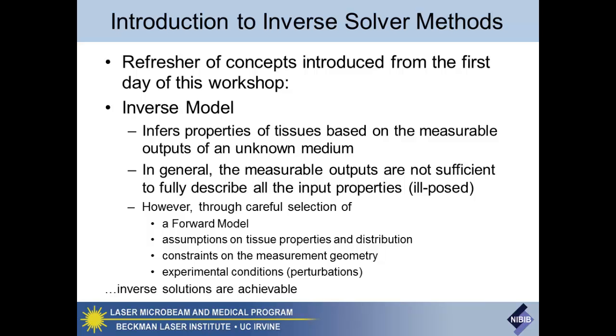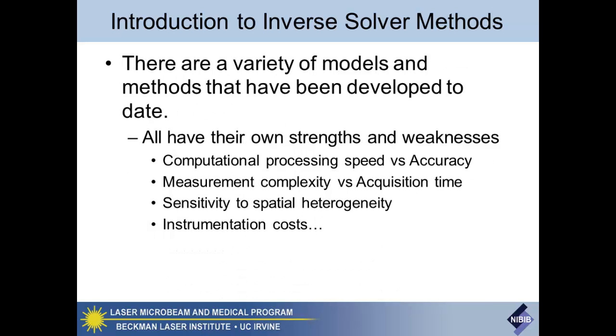However, if you have a careful selection of a forward model, assumptions on the tissue properties and distributions, apply constraints to the measurement geometries, and also employ different experimental conditions, perturbations of sources, detectors, and so on, inverse solutions are achievable under very specific circumstances.